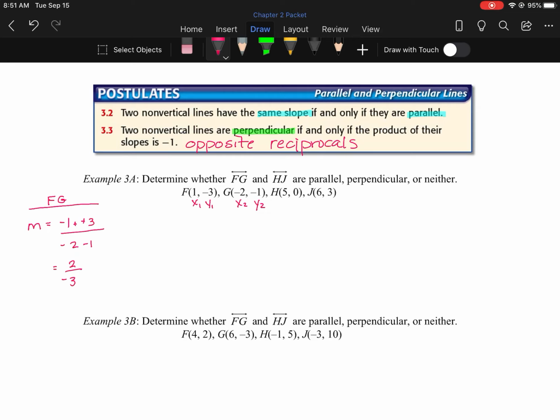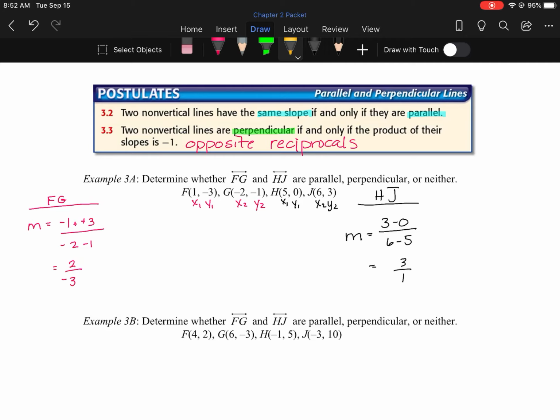Now let's do HJ. So m equals 3 minus 0 all over 6 minus 5. We get 3 over 1.